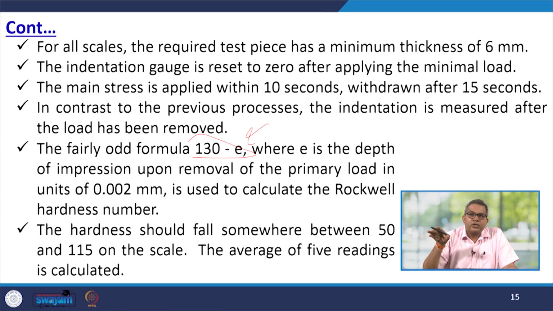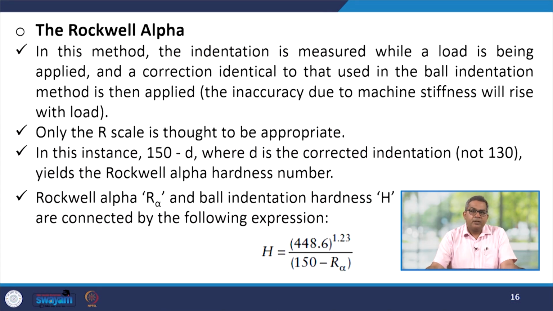Now, the hardness should fall somewhere between 50 and 115 on the scale, and the average of 5 readings should be calculated. The Rockwell alpha. In this method, the indentation is measured while the load is being applied, and a correction identical to that of the ball indentation method is then applied. So, the inaccuracy due to the machine stiffness will rise with load.